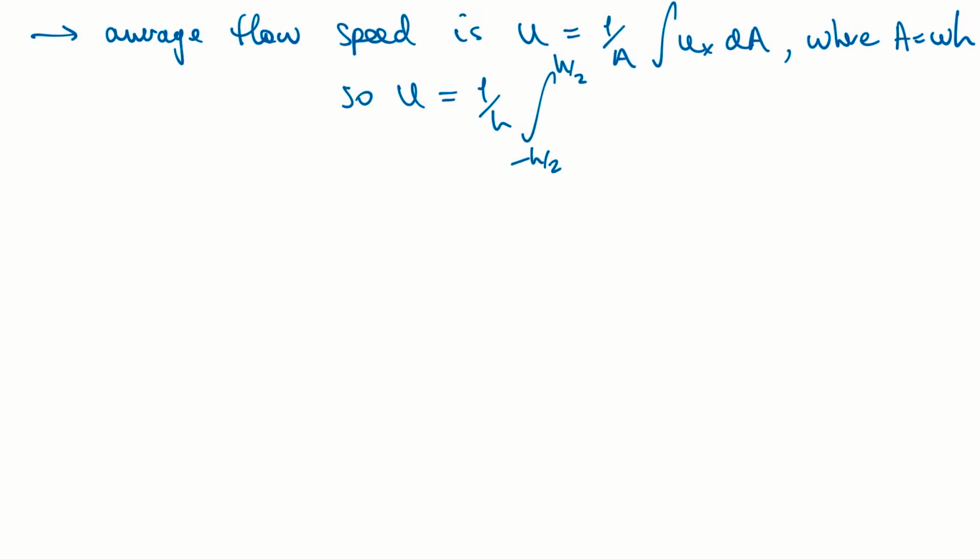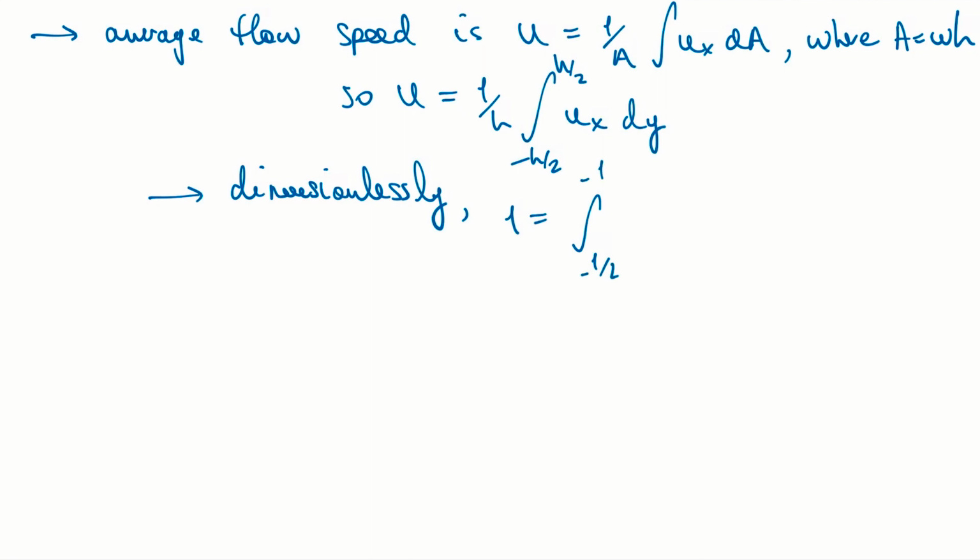So subbing in the W times H for area there in A, and you can make a little note of this if you want. That would have been 1 over WH out in front of the integral, but then we have the dx integral as well, because dA is dx dy. So that would have multiplied everything by W, so the W's cancel. I'm just leaving that step out, and you can go ahead and make a note of that.